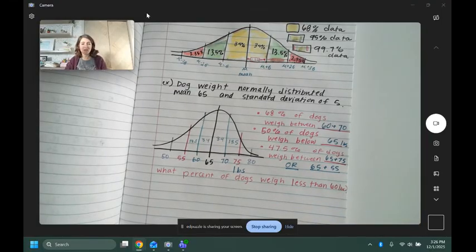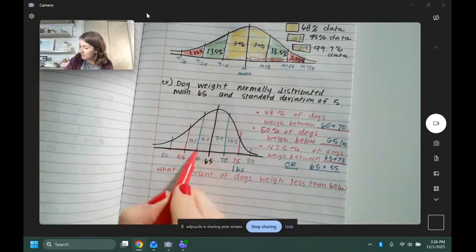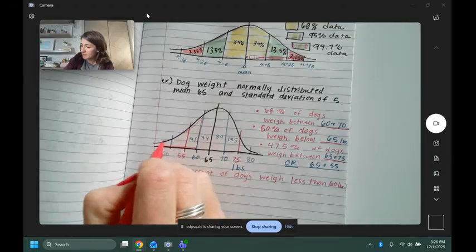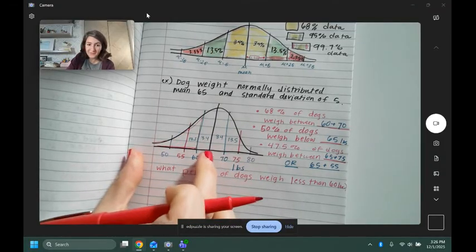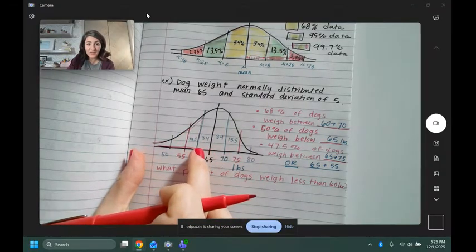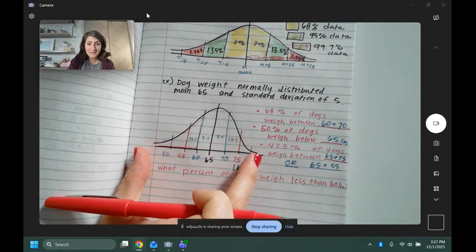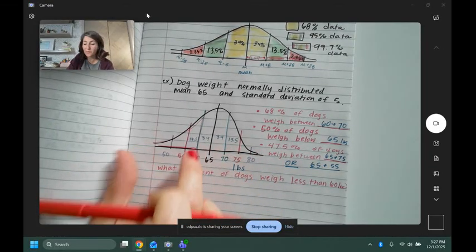What percent of dogs weigh less than 60? So I'm looking at this part of the graph here. Less than 60, couple different methods. You could go 50% minus 34, or 100% minus 50 minus 34.